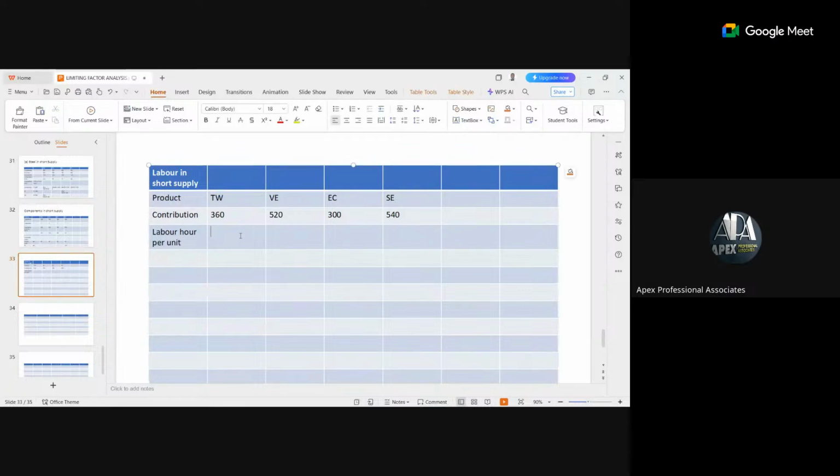Labor hour per unit. So we have 15, 12.5, and 25. So the contribution per key factor is what?